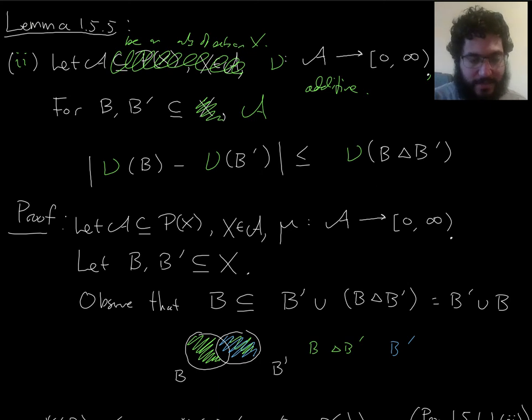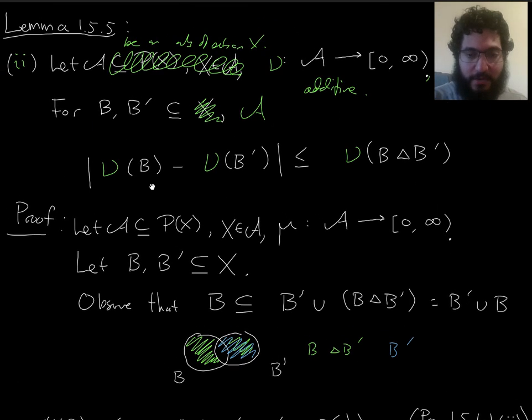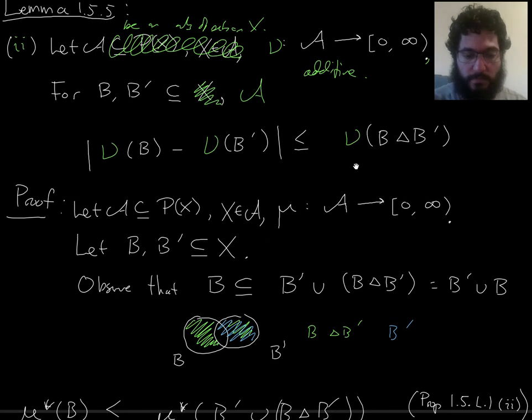So let's be lazy and just edit the proof to work for this. Since I claim we also have for nu in this situation that, since it's additive, it's finitely subadditive. If it's finitely additive, then it's finitely subadditive. And it's monotone.